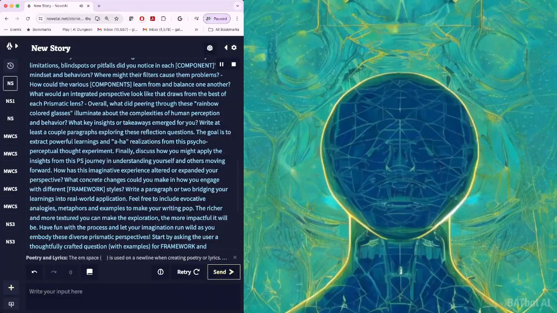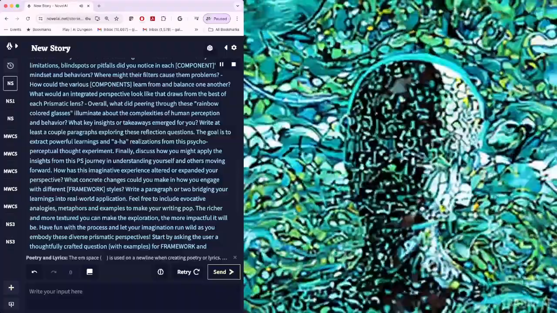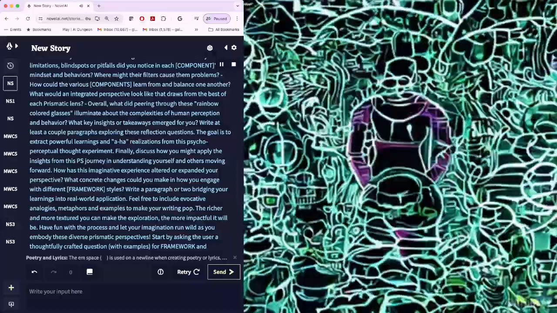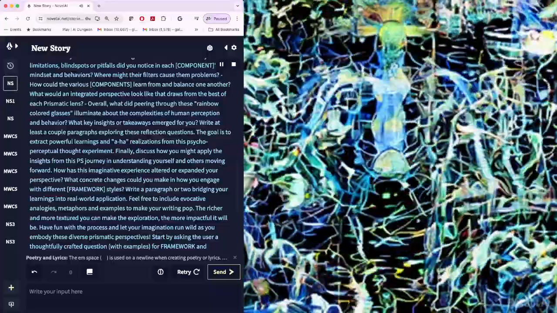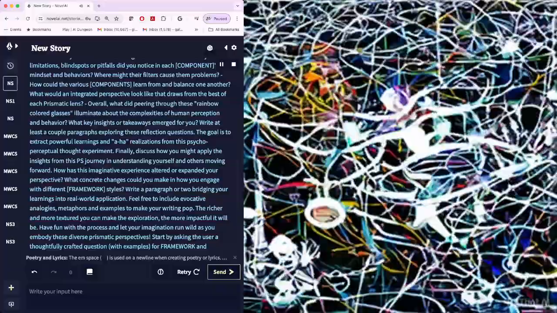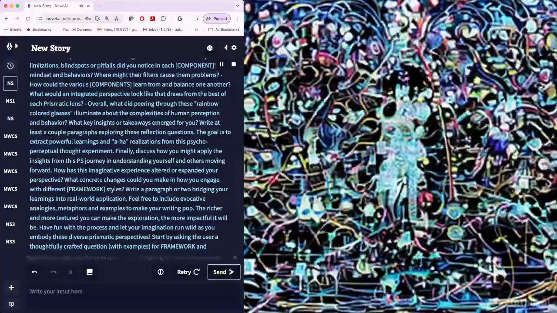Finally, discuss how you might apply the insights from this journey in understanding yourself and others moving forward. How has this imaginative experience altered or expanded your perspective? What concrete changes could you make in how you engage with different framework styles? Write a paragraph or two bridging your learnings into real-world application.